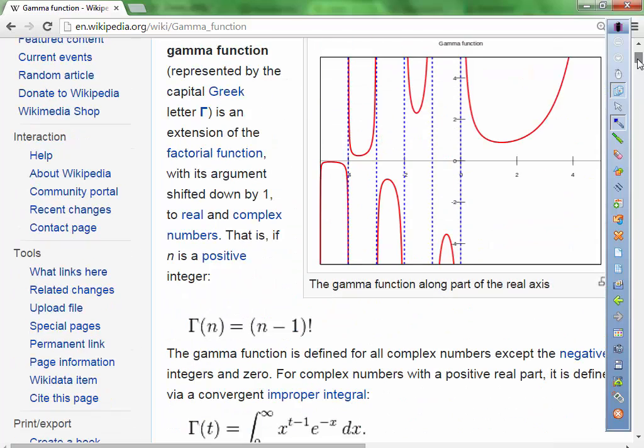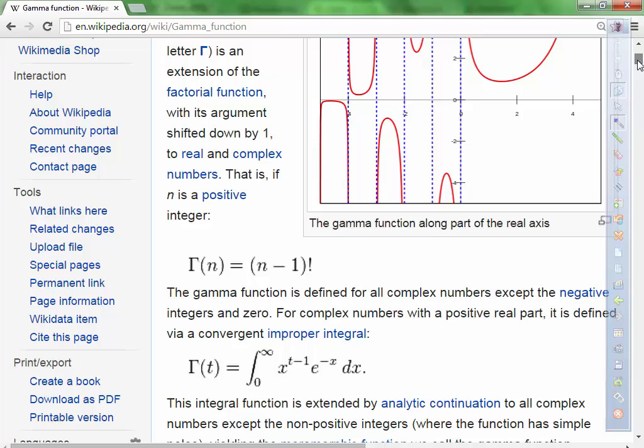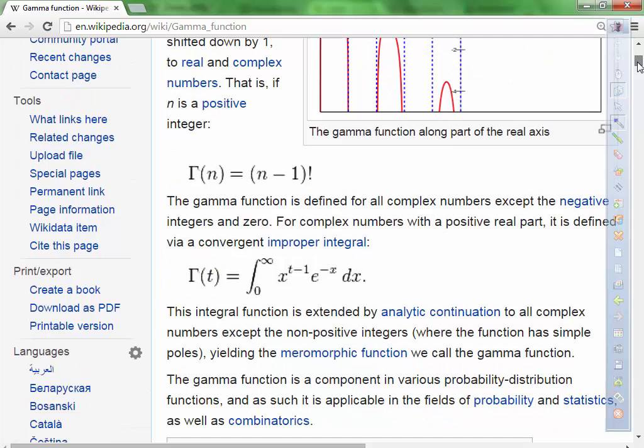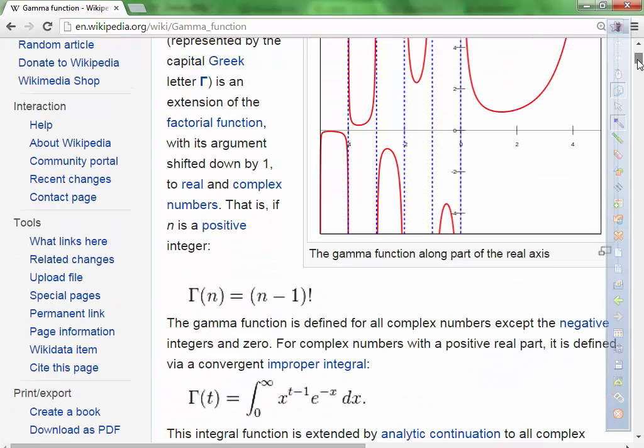So if you have a 1/2 factorial, whatever that means, that can get translated into a gamma function. Is it? It's supposed to be 1. Does it say not defined for 0? Oh, here it goes.